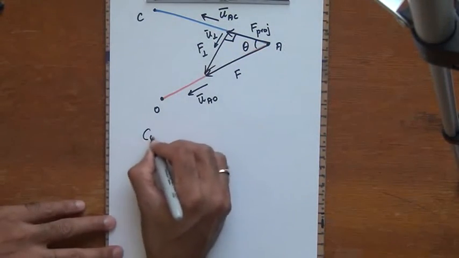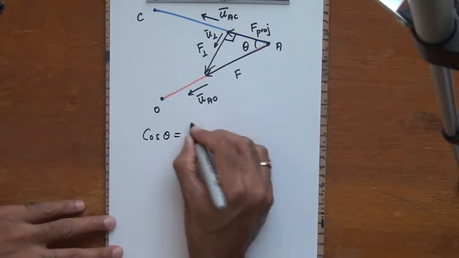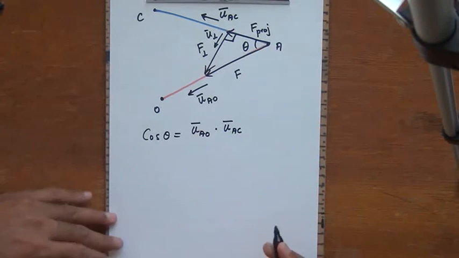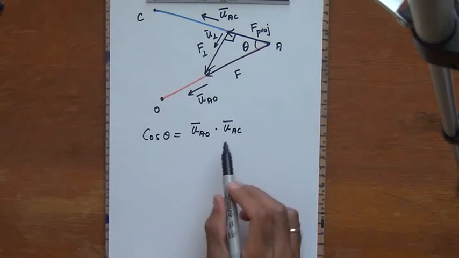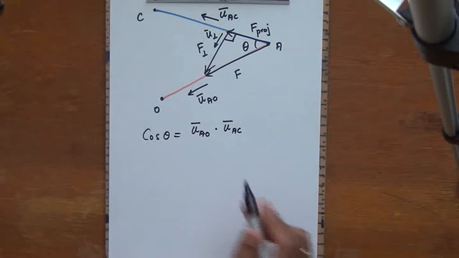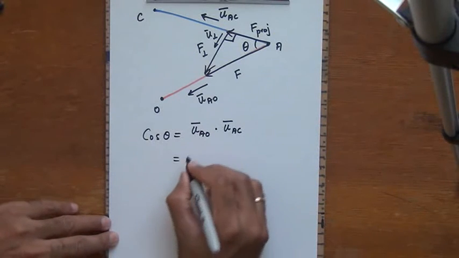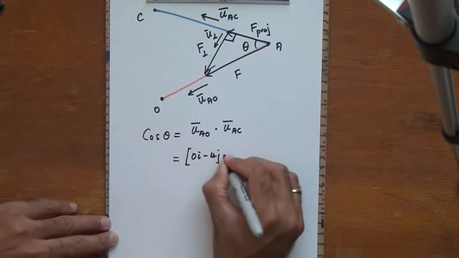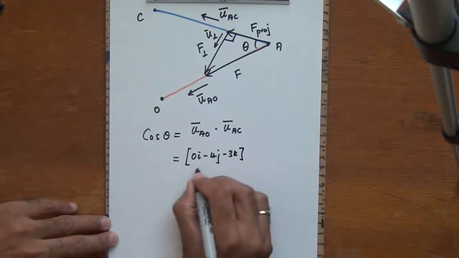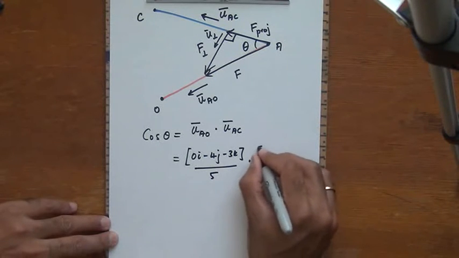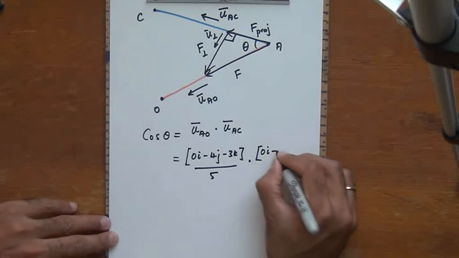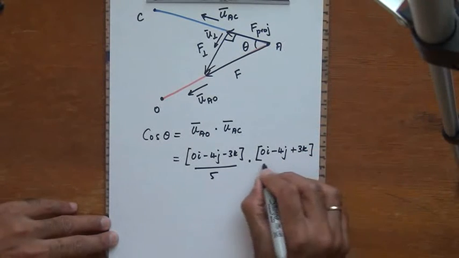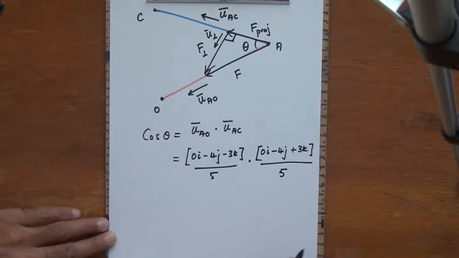Alright, so I have cos theta as UAO dotted with UAC. Dot product is commutative, which means it makes no difference whether you do this versus that. And so if I write this out, UAO from the previous page was 0I minus 4J minus 3K divided by 5, dotted with UAC, which was a similar minus 4J but plus 3K, divided by 5.